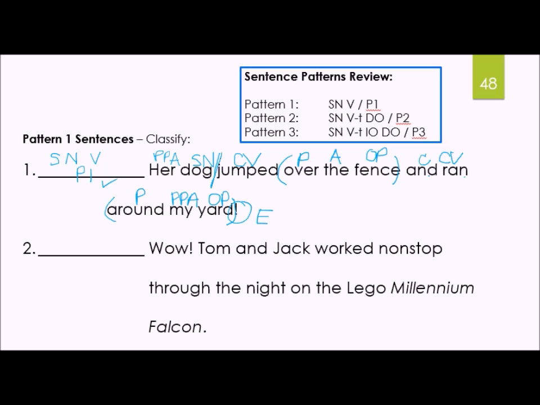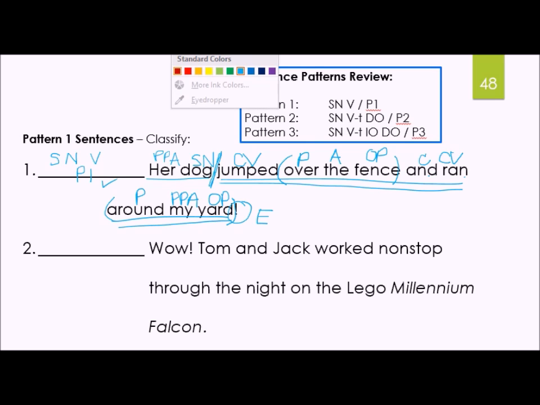Draw your dividing line in front of the verb. Underline the complete subject once and the complete predicate twice. All right, let's change color. Let's do green this time.